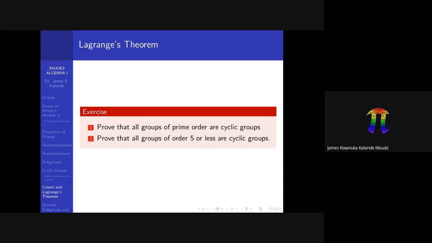Okay, so try to solve this so that we can look at your answers later. Now, a lot of this material you can easily find online, so you can search for these things and prove. And make use of all the resources you have.